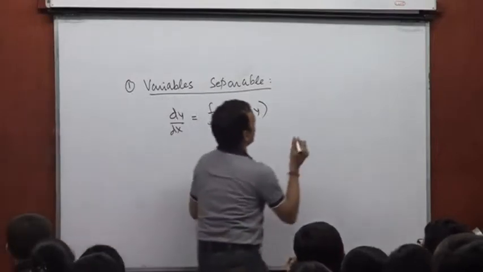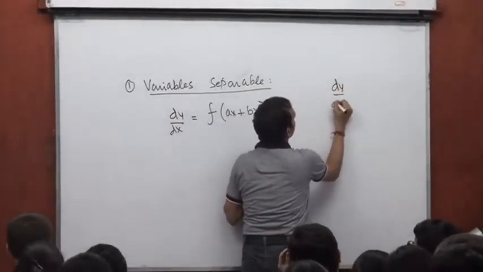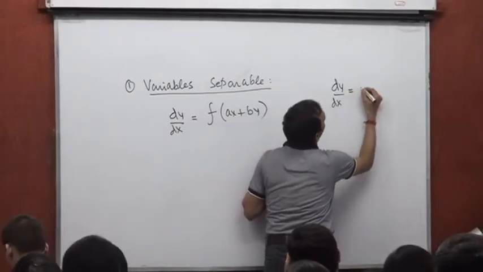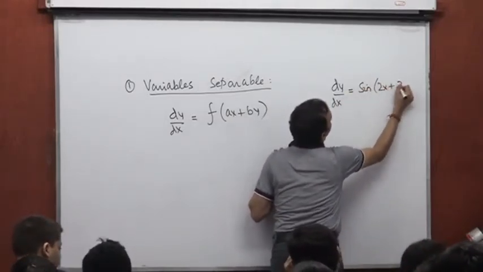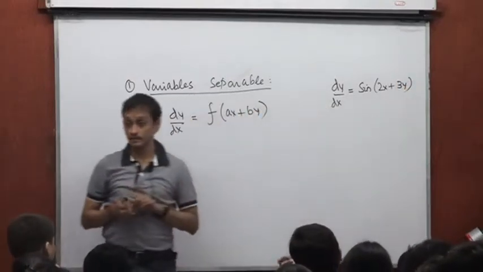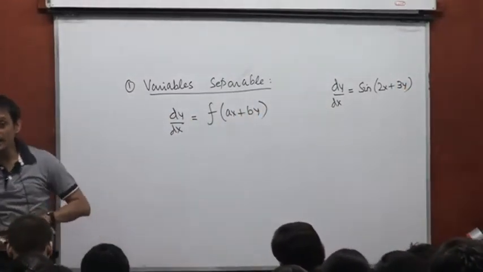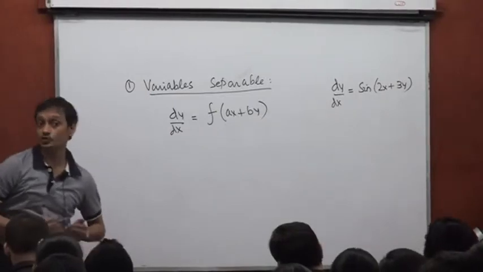For example, you have dy/dx equal to sine of (2x plus 3y). Something like this. In this case, it doesn't become obvious what to do.